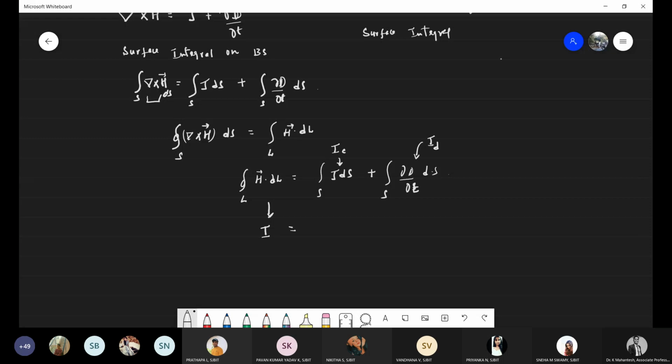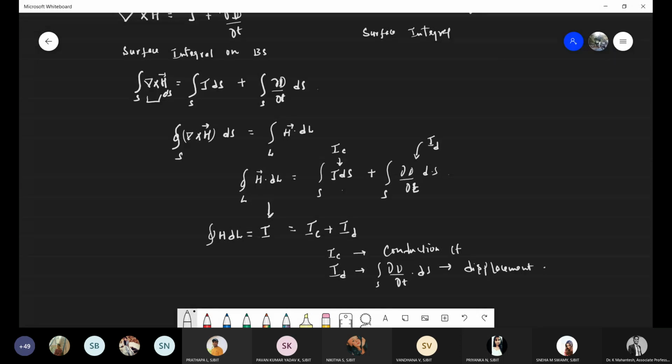So the total current is equal to the conduction current plus the displacement current, which equals the closed line integral of H dl. Here IC is the conduction current, and ID is equal to surface integral dou D by dou t ds, the displacement current.